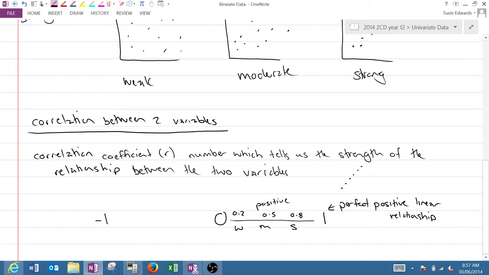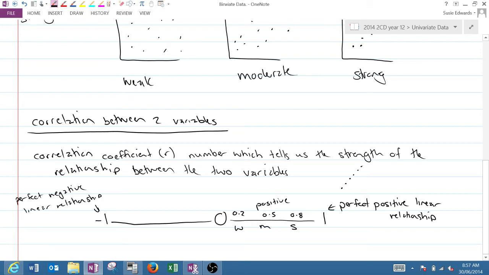What do you think -1 represents? Perfect. It's a perfect negative linear relationship.